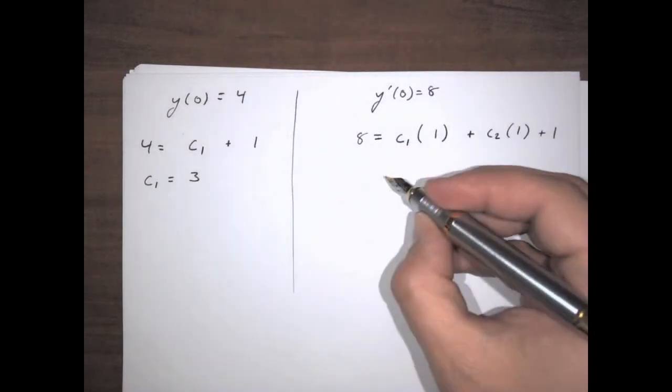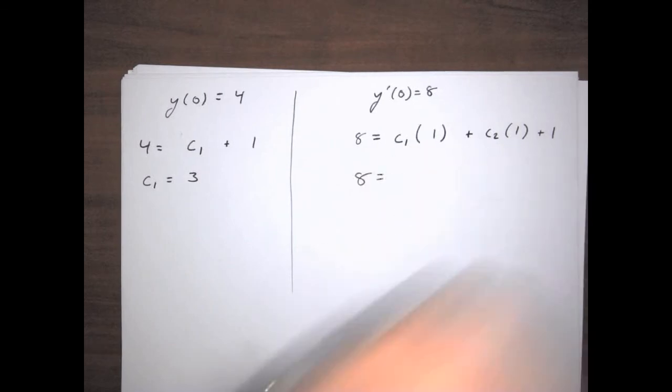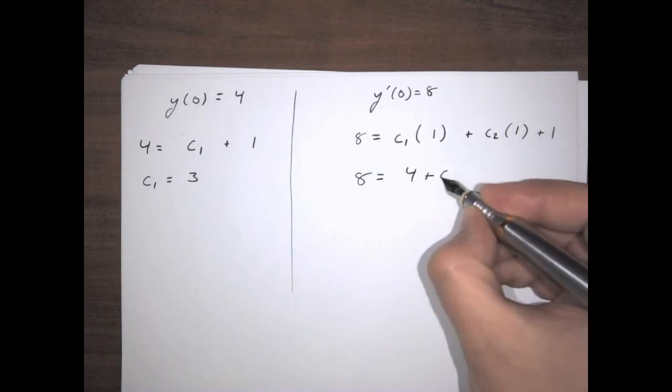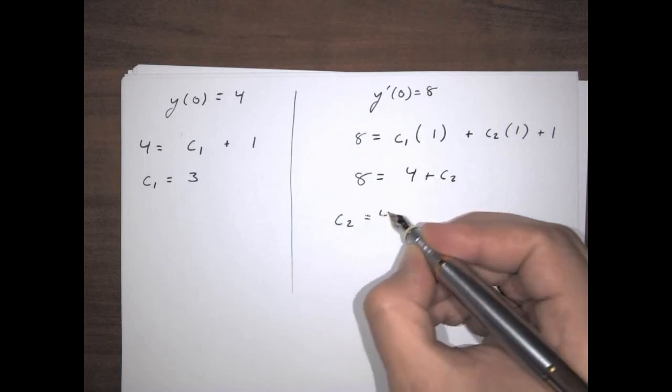C1 we've already found is equal to 3, so that's going to be 8 equals 3 plus 1 is 4 plus C2, which means that C2 must equal 4.